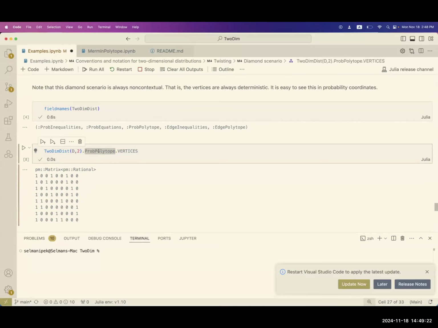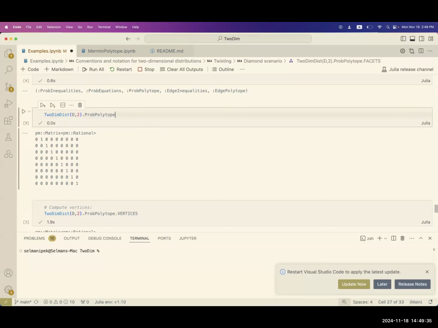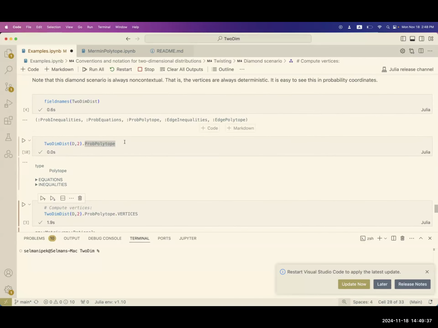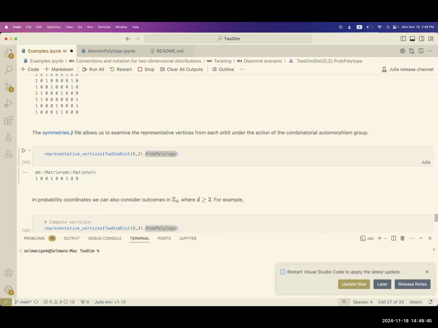So first you go to the polytope object, the polymake object, and then you hit vertices. Or you could hit, for example, facets, and these are just the inequalities and such. Okay, I think that's what I wanted to say about that.